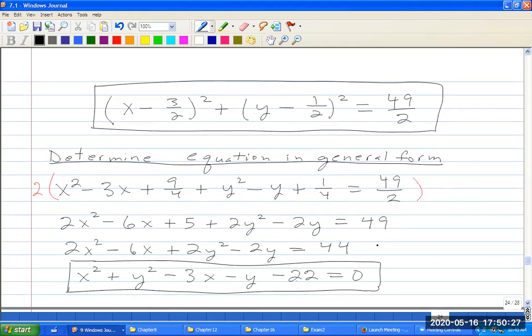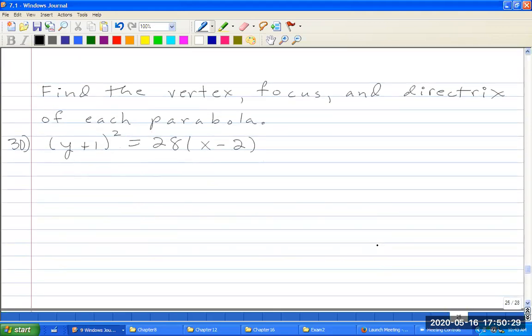Okay then. So, find the vertex, focus, and directrix of each parabola. We're just going to sort of read these off. First off, it's in the form of y minus k squared equaling 4p times x minus h.